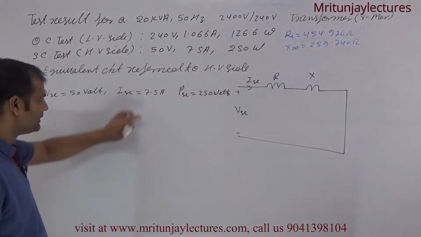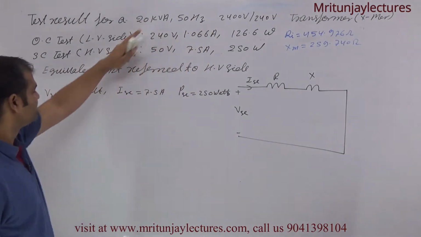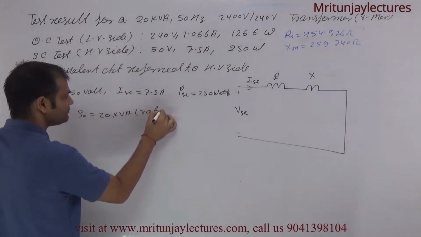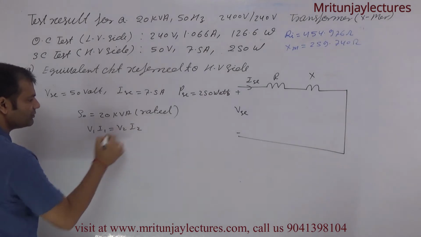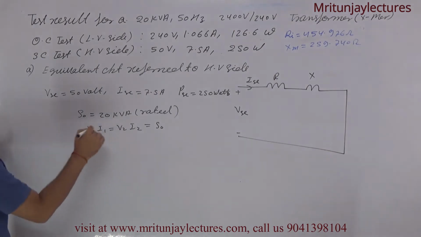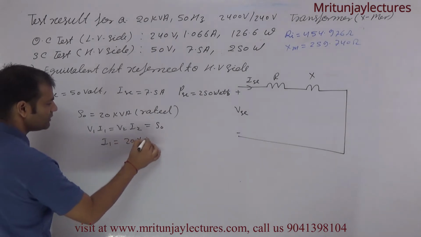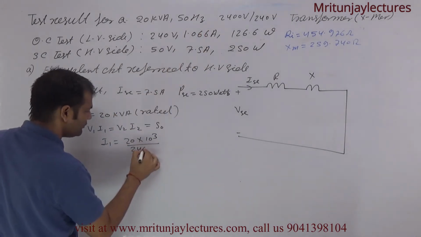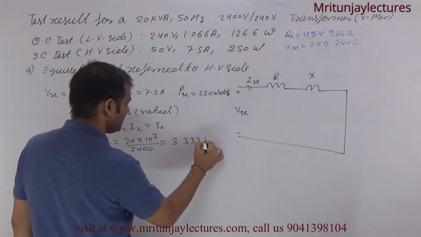First of all, check whether this is the rated current or not. How to check? The transformer is rated 20 kVA, so V1 into I1 is equal to V2 into I2, rated voltage and rated current. With this formula, I1 is 20 into 10 to the power 3 divided by 2400, which is near about 8.333 ampere.